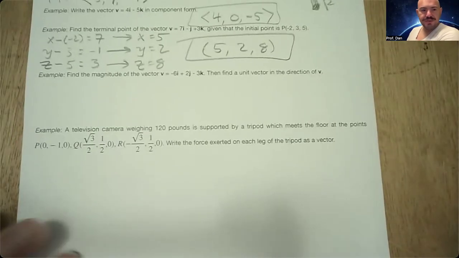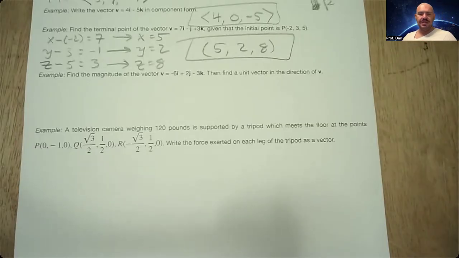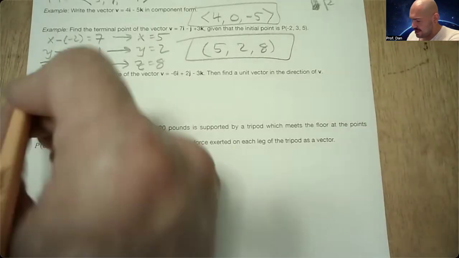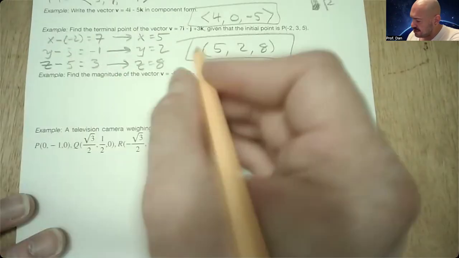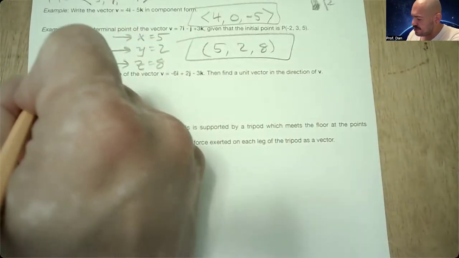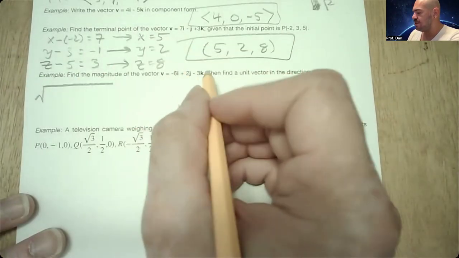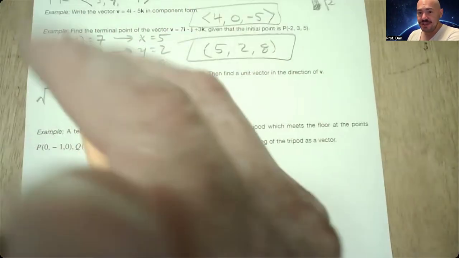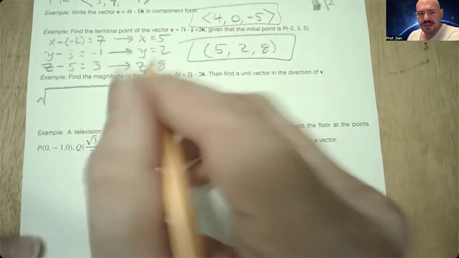Two more examples. First one, find the magnitude of the vector v. Then find a unit vector in the direction of v. So same thing that we looked at earlier, right? The magnitude we can get from our distance formula. Since we already know each component, we can use those as the change in x, y, and z.